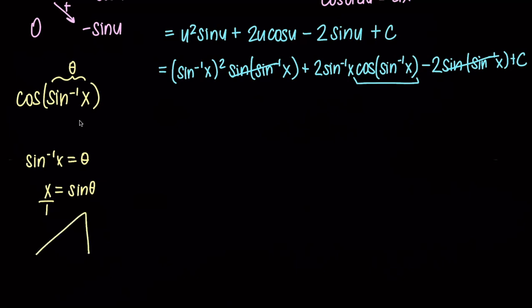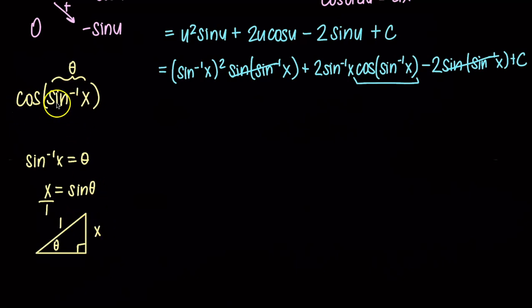And from there, what I want to do is create a right triangle. If sine of theta is x over 1 in a right triangle, we can say that the opposite side of theta is x, and the hypotenuse is 1. Sine is opposite over hypotenuse, sine is x over 1. All right, how does that help us?